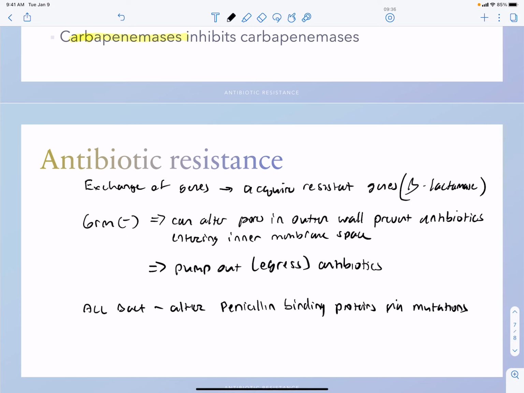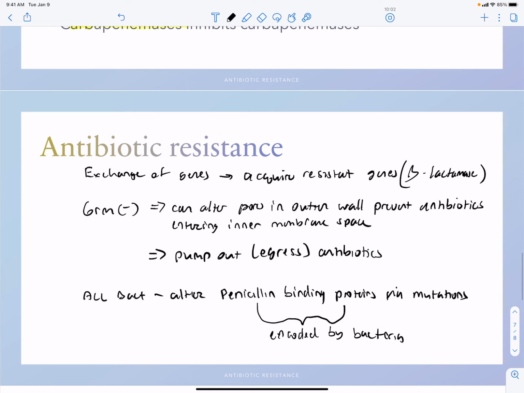So bacteria within a colony that creates a penicillin binding protein that no penicillin can bind to will become resistant to penicillin. And so keep in mind that the penicillin binding proteins are encoded by the bacteria. Okay, and so that's our short discussion about antibiotics.